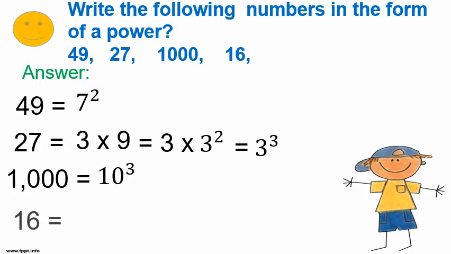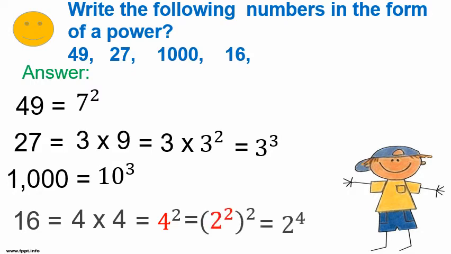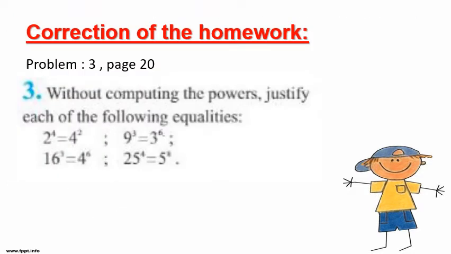The last one is 16, a very common power, we use it a lot. It's 4 times 4. We have many ways to write 16 as a power of 2. Instead of 4, it's 2 squared, so it will be 2 to the power 4. Okay, now we are ready to correct the homework, starting with problem 3, page 20.